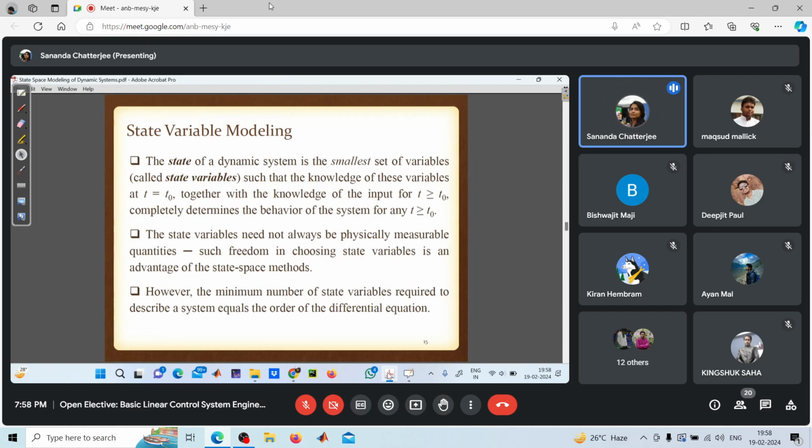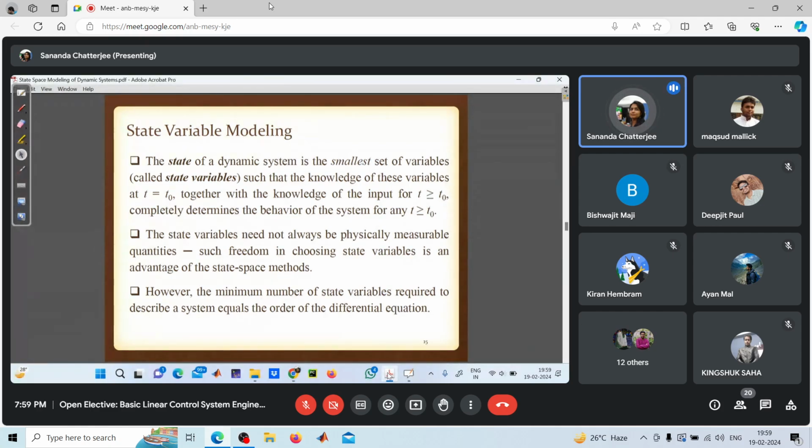If we are talking about a spring mass damper system, at the initial time, that is at t equal to t0, before applying any input, you need to know: is there any energy stored in the spring at this point of time? Before applying any force, you have to know whether the spring is already storing some energy or not, that is, already squeezed or already expanded.